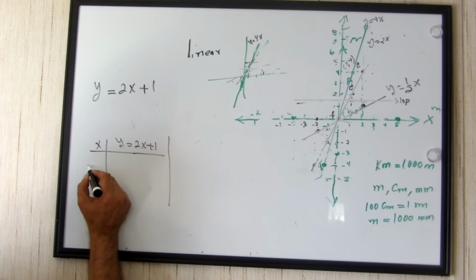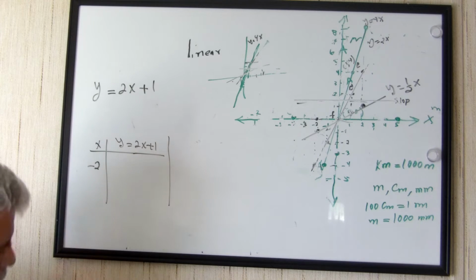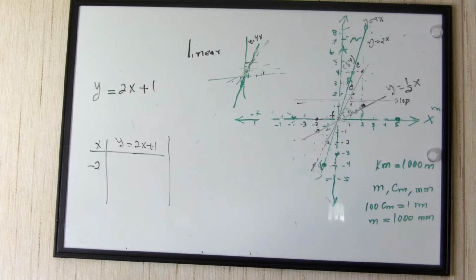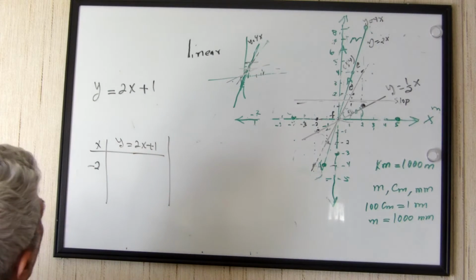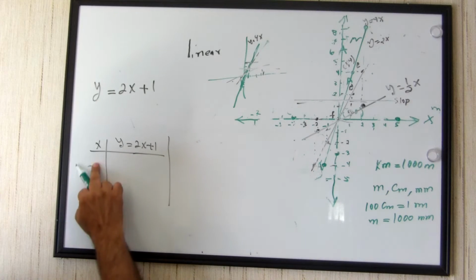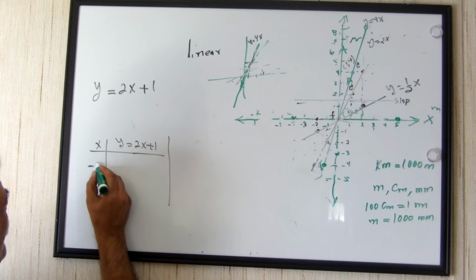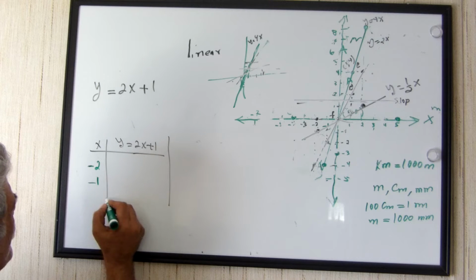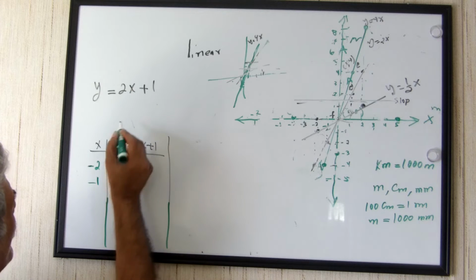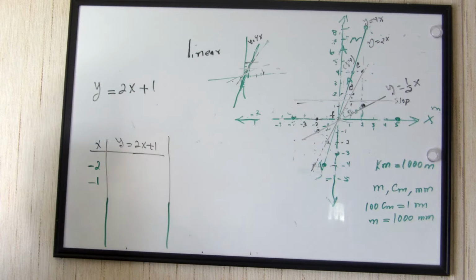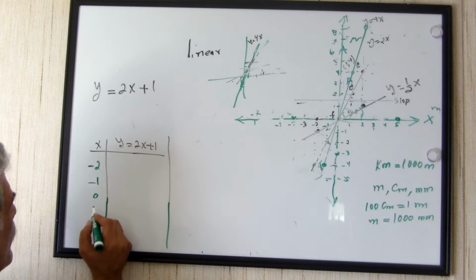The value for x is minus 2. We give minus 2, minus 1, we give these values to this function.